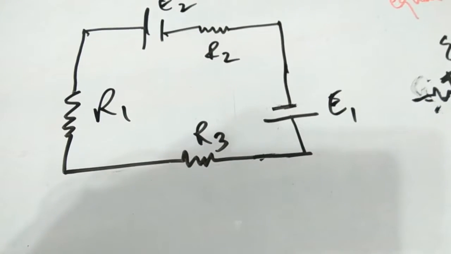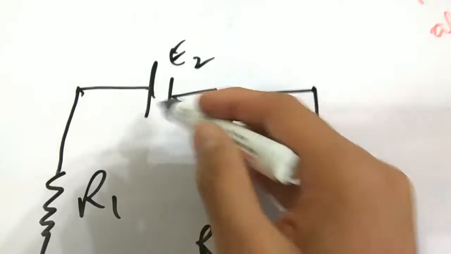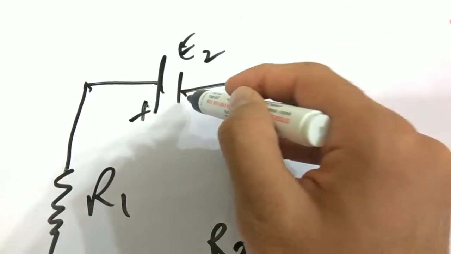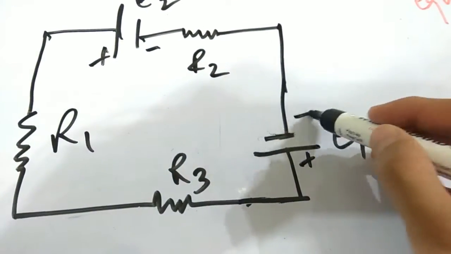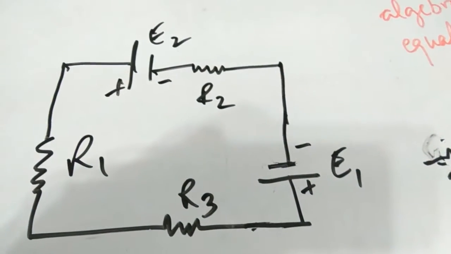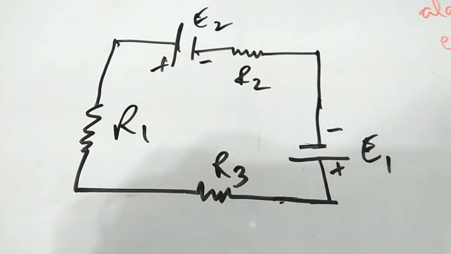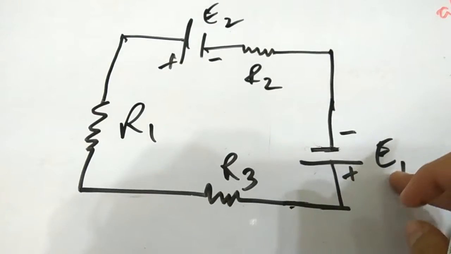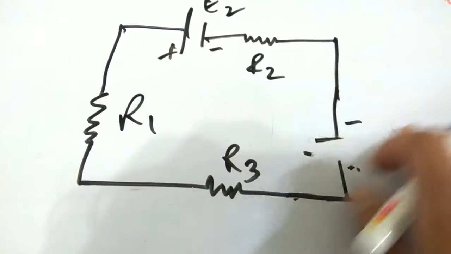See, the positive is this side, the negative this side. Again the positive this side, negative this side. Now, I think I should simply remove this cell from here, because this is going to cause confusion.